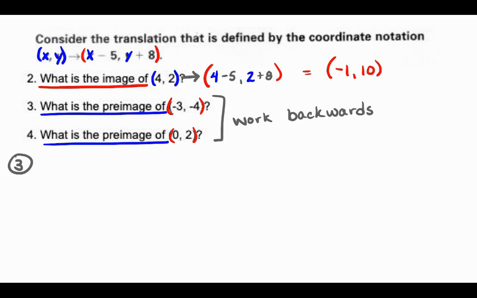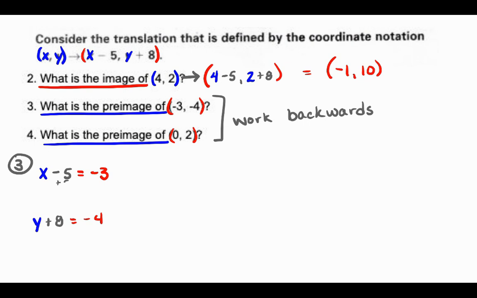So we are told that my pre-image x value minus 5 is going to equal the -3. And we are told that my pre-image value of y plus 8 is going to equal the -4, and then all we need to do is solve these equations.